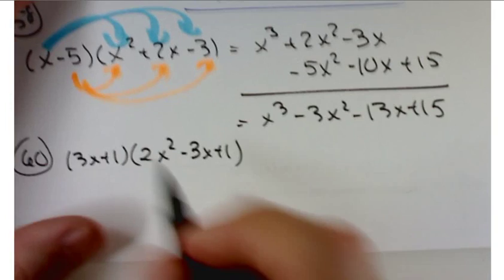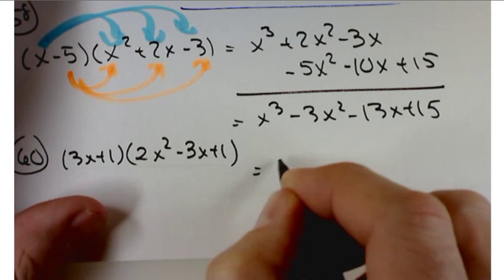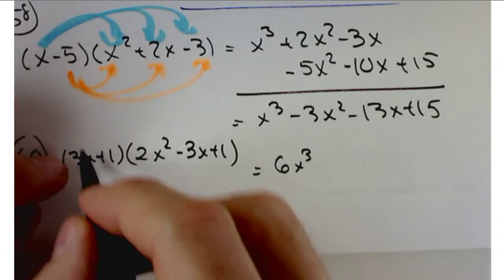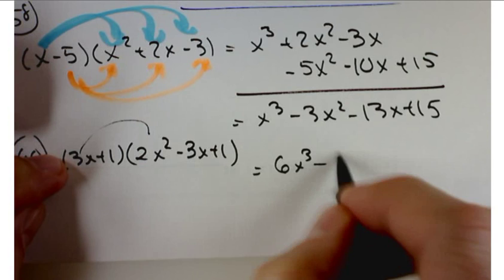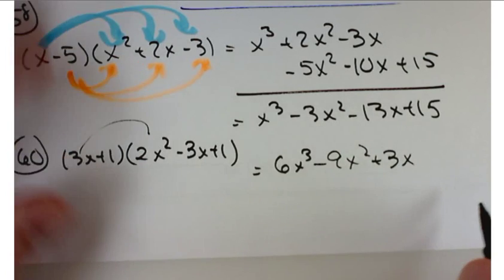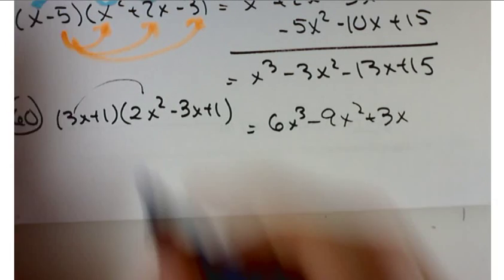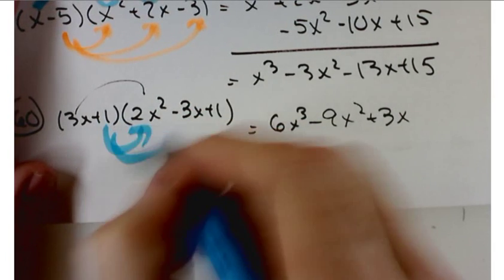Okay, so we multiply the first two. 6x cubed minus 9x squared plus 3x. And then we're going to distribute the 1 to all three terms.